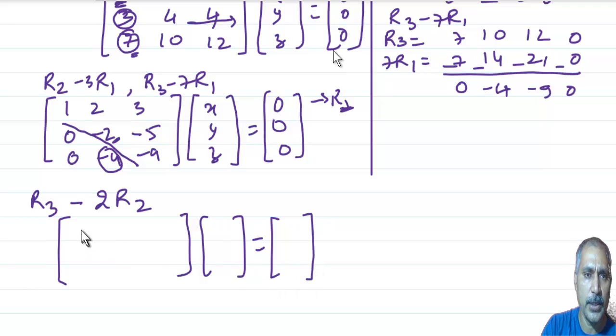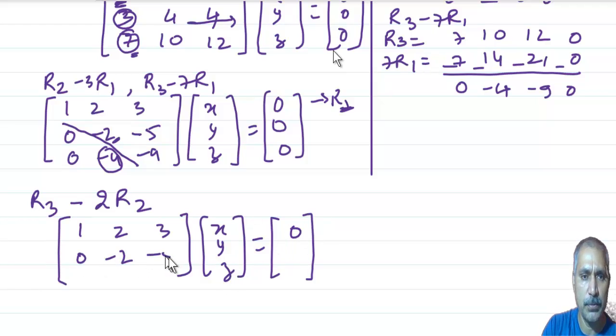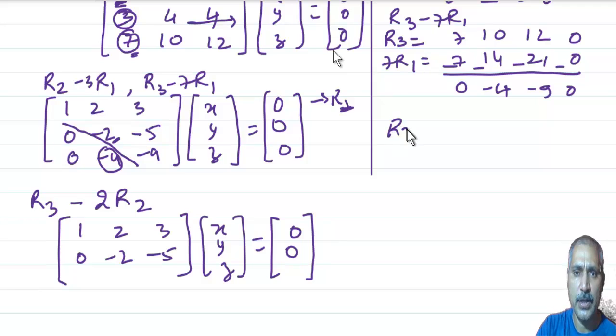Let us do that. 1, 2, 3, x, y, z, and here 0. Second row is 0, minus 2, minus 5 and 0, and the last one is we are doing the operation on it. So R3 minus 2 times R2.